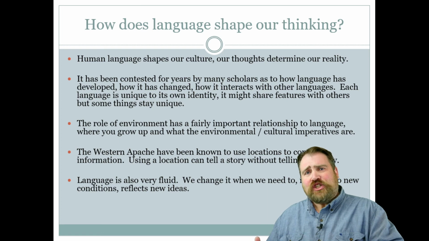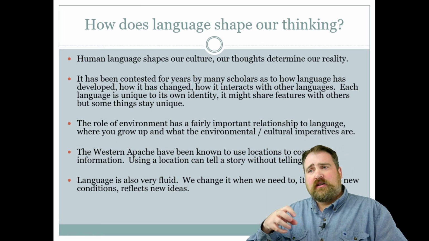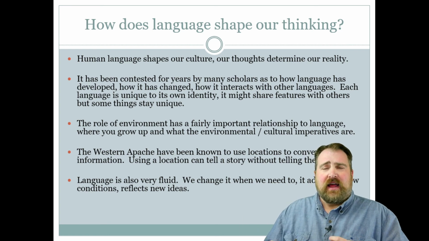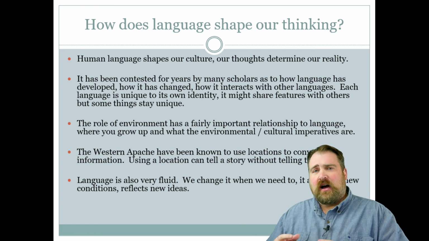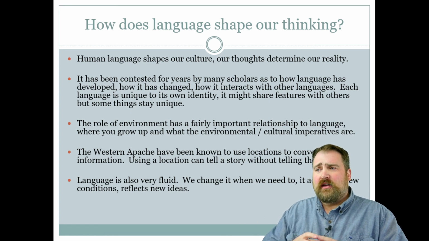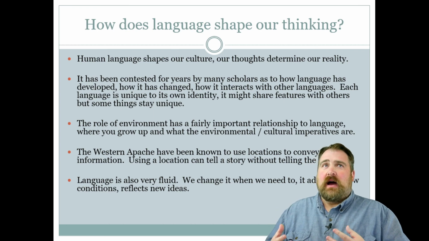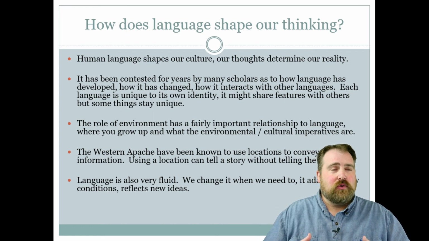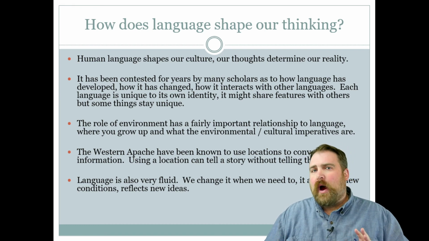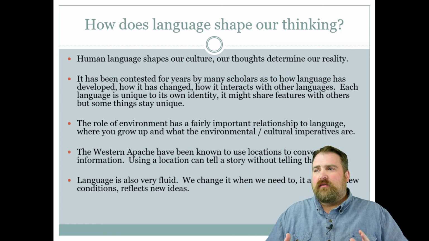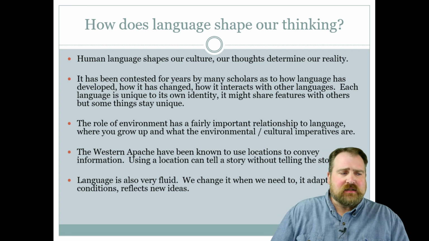Well, for the Western Apache, a good portion of the language is connected to these locations, through which you can convey all different types of ideas and concepts. So it's fascinating to think about understanding the world through geographical location, and it's just a different way of seeing your environment, seeing your world. I think it's fantastic.